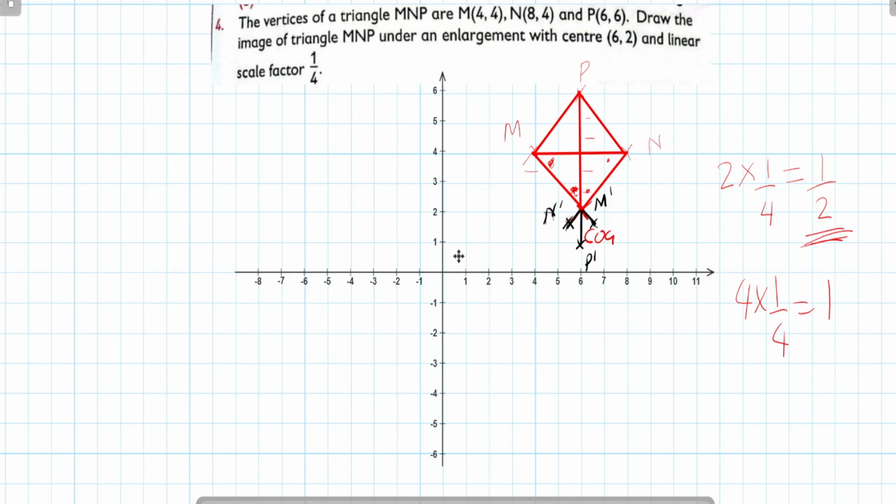Now let me use another color to show what it says, triangle itself. So M to N, M to N ni hii, M to N is here, and N to P. So your triangle is that.